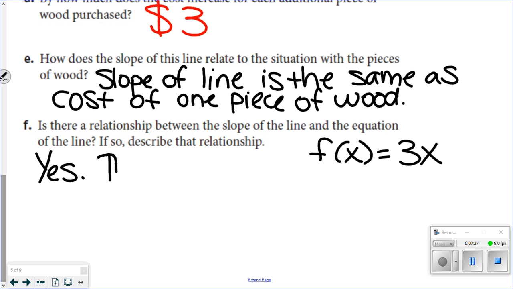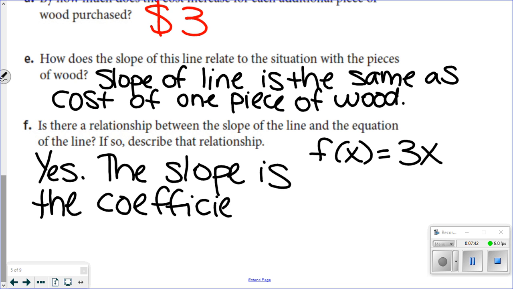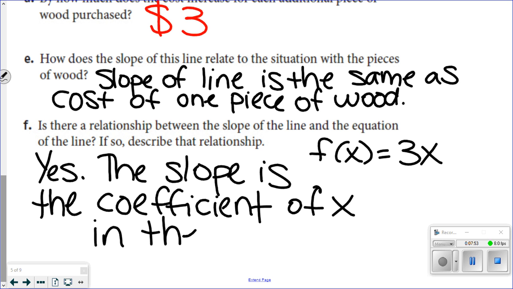The slope is the coefficient of x in the equation or in the function.